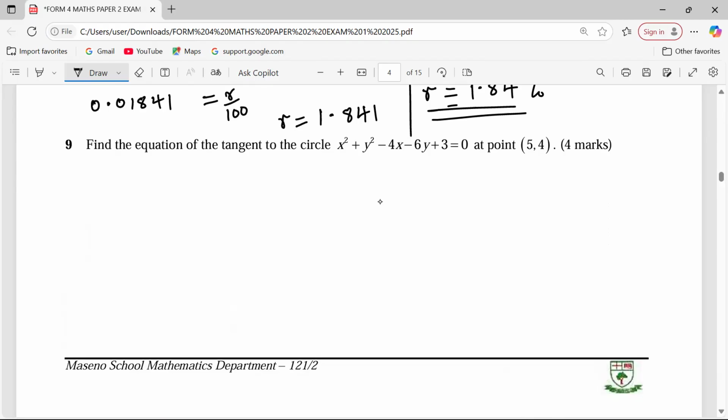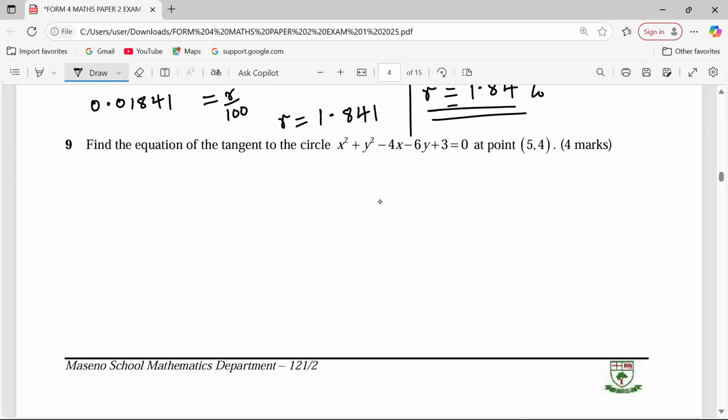The first thing that we're supposed to conclude is, according to a tangent, remember, a tangent touches a circle without cutting it.